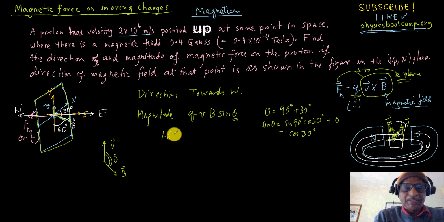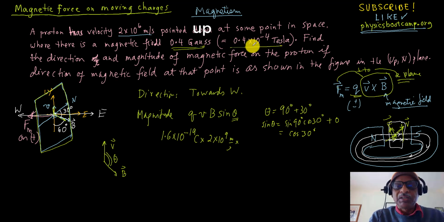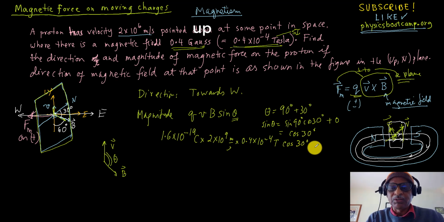Q is 1.6 times 10 to the power minus 19 coulomb, and the speed is 2 times 10 to the power 9 meter per second, and B is one Gauss, but we want Tesla for SI units. So 0.4 times 10 to the power minus 4 Tesla, and then cosine 30 degrees, which is square root of 3 over 2.